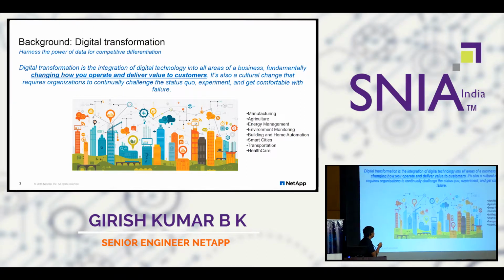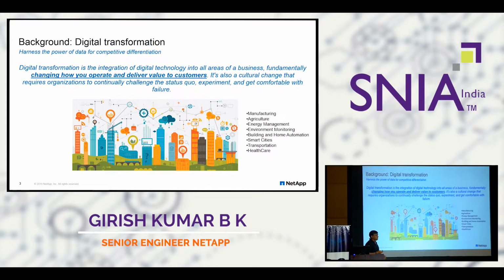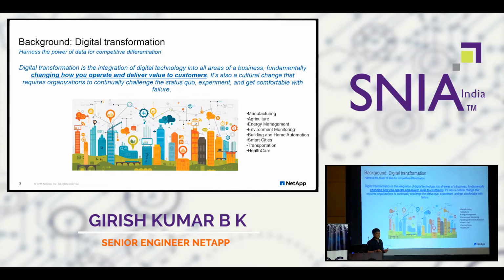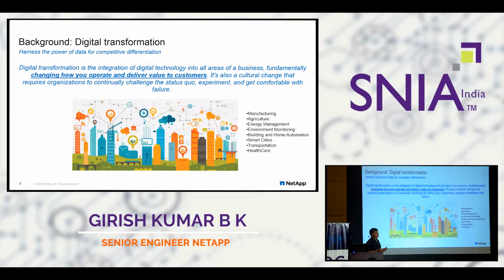Digital transformation is the integration of digital technology into all the areas of business, fundamentally changing how you operate and deliver value to the customer. So it's all about integrating digital technology into your business flows and changing the way you operate and deliver the value to the customer. That's very key here. You have to deliver value to the customer. Without that, everything goes down. If you don't get any value, it's just a word, right?